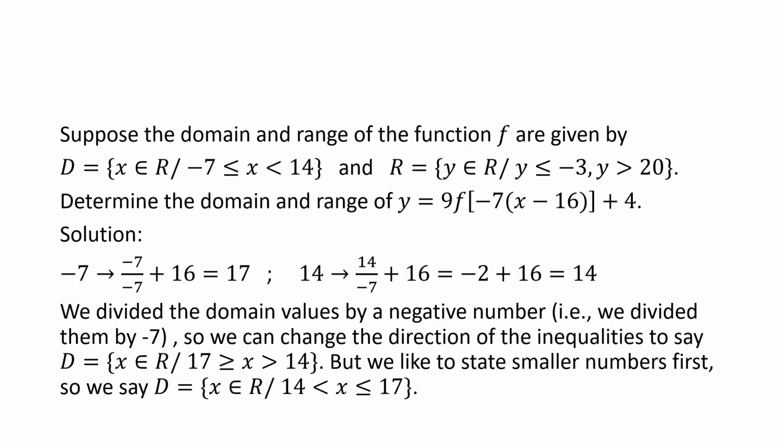Now, since k is negative, we're dividing that -7 by -7, and we're dividing that 14 by -7. That means that we're going to have to change the direction of the inequality. Well, -7 mapped onto 17, and 14 mapped onto 14, interestingly enough.